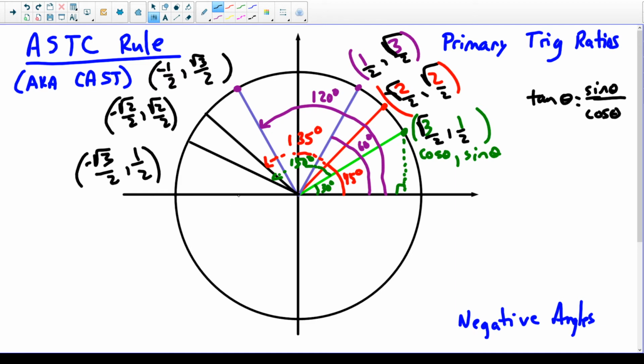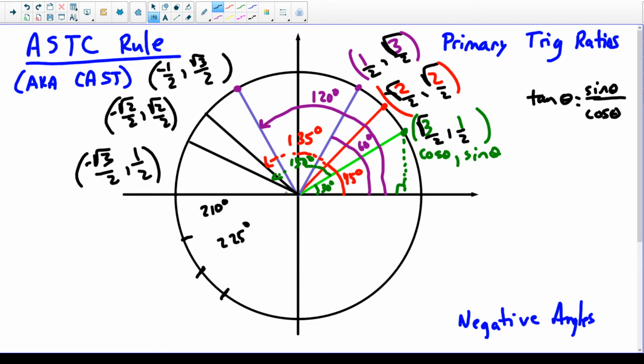Now, if I was to do it down here, and just to speed things up, I'm just going to put the 3 lines here, okay? If I was to do it down here, we'd have 180 plus 30, which is 210 degrees. We'd have 180 plus 45, which would be 225.